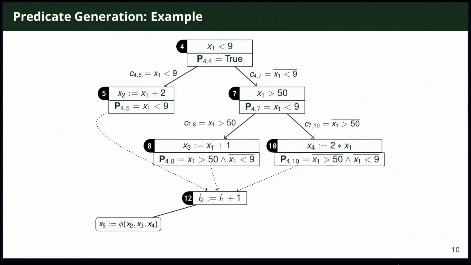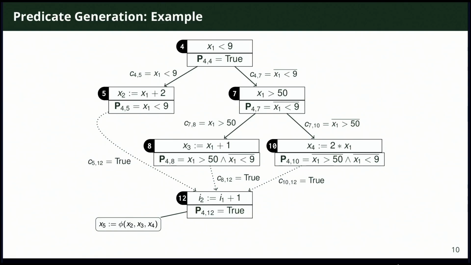We continue like that down the graph using Tarjan's algorithm. It just generates opaque predicates for us. At the end, it might set P4,12 to just be true, and that's because all paths from 4 will eventually reach node 12. So again, we don't need a predicate that characterizes that path.